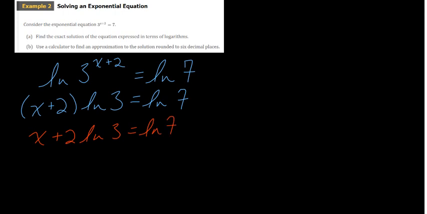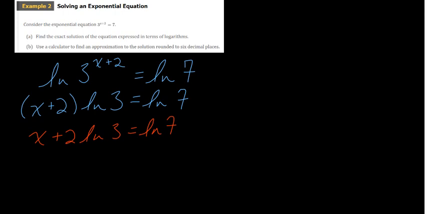Do you see what we're looking at? We're looking at something that looks like x plus 2 times the natural log of 3. But that's not the case. The x plus 2 is by itself, right? Because it is the exponent. So get into the habit of whenever you take the exponent and put it out front, go ahead and put parentheses around it. That way you don't confuse yourself later on.